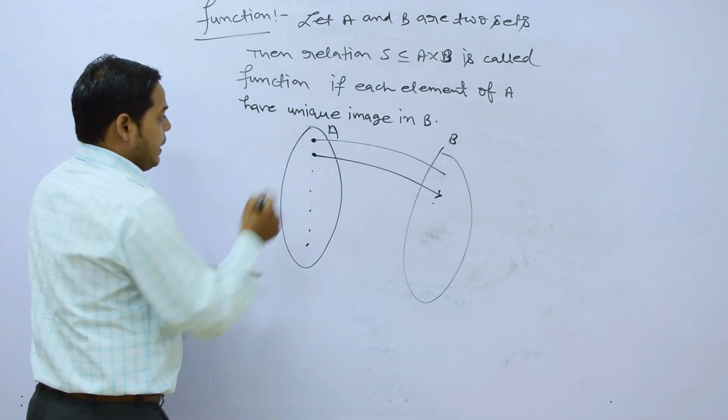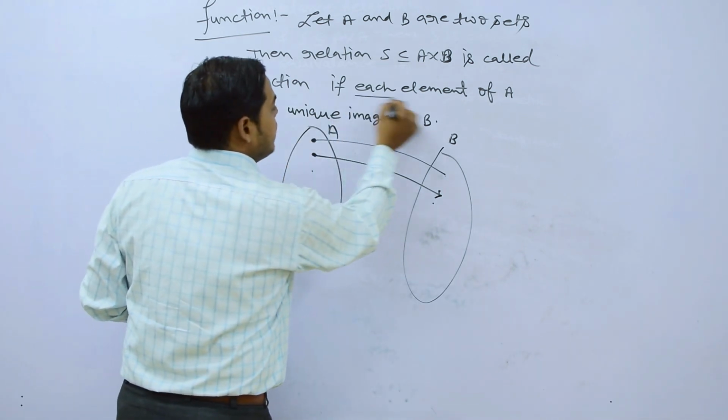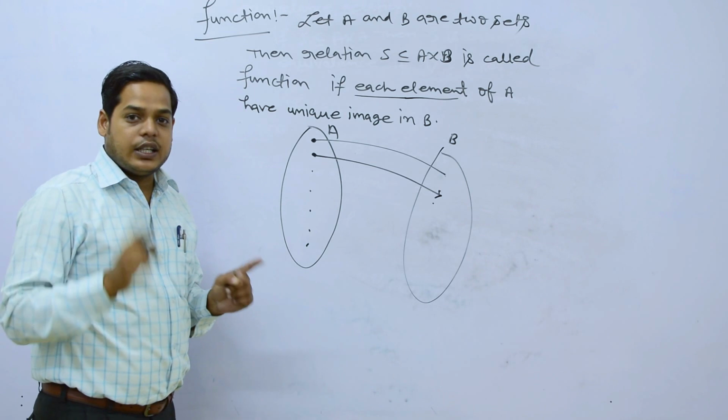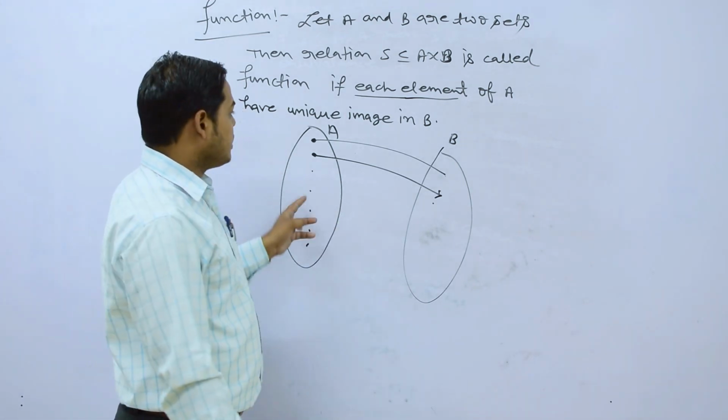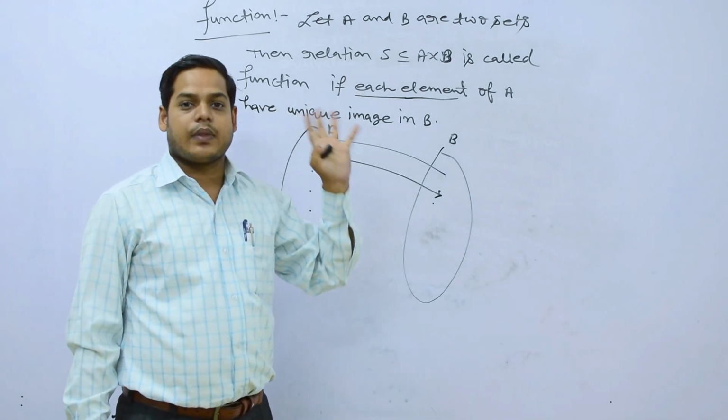So each element of A, and this is very important, must attach to a unique element of B. Then in such a case the relation becomes a function.